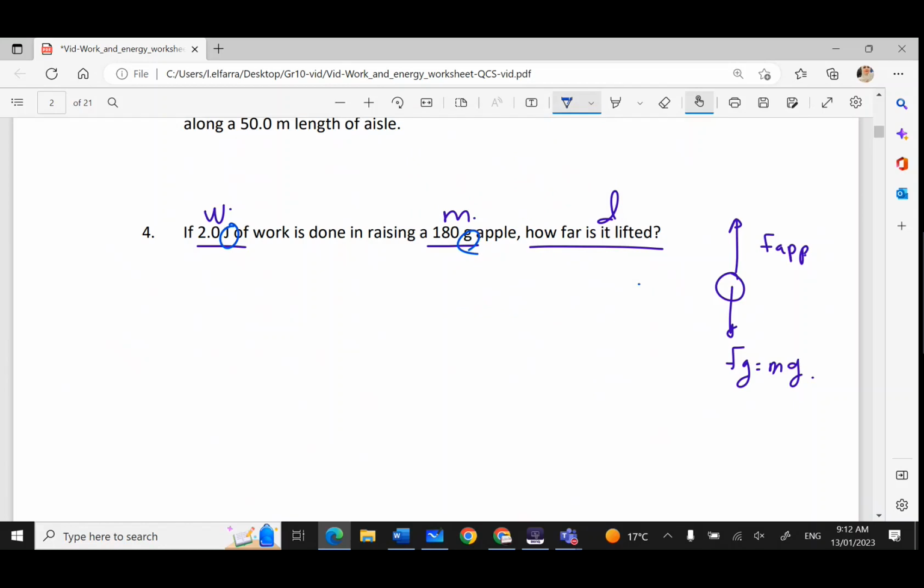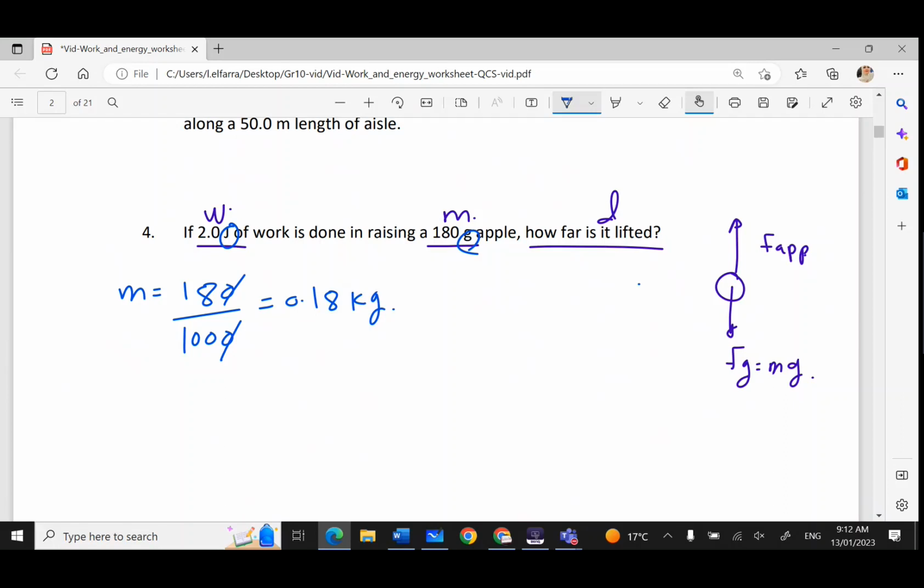The SI unit for mass is kilogram. So I have here M, 180, just divided by 1,000. When you divide, it's the same as multiplying by 10 to the power negative 3. So here we will have 0.18 kilogram.